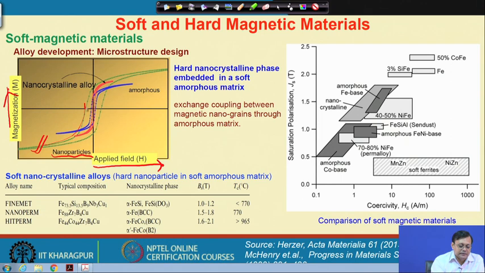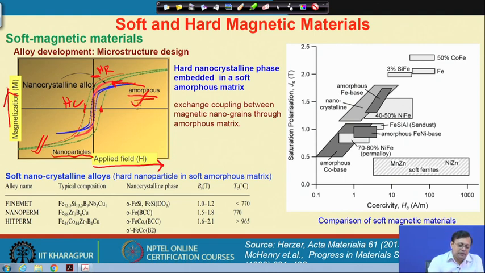A nanoparticle has a higher value of Hc, as well as a higher value of Mr, that is the remanence magnetization. Whereas, in case of amorphous material, that is presented in this, it has the highest magnetic flux that can be achieved, and so we will get a very soft magnetic material.